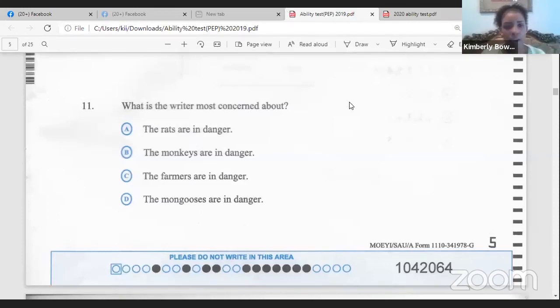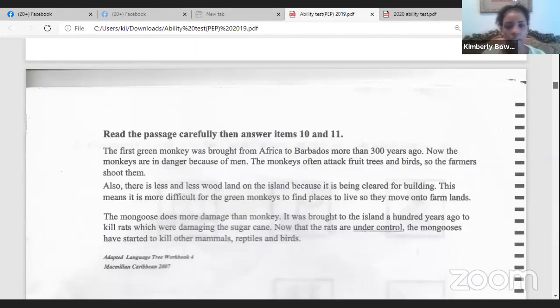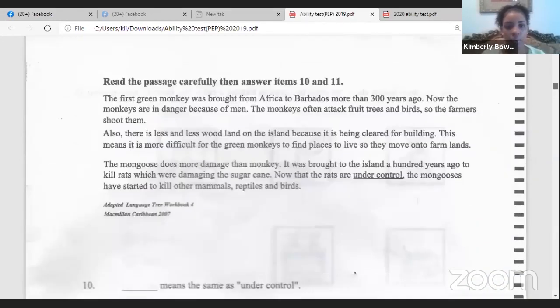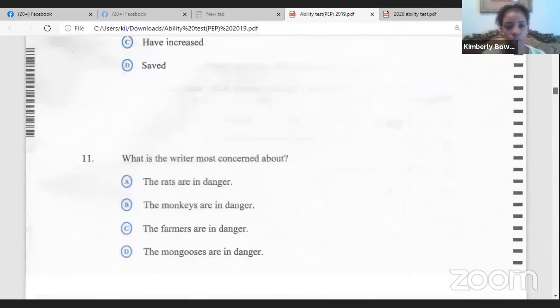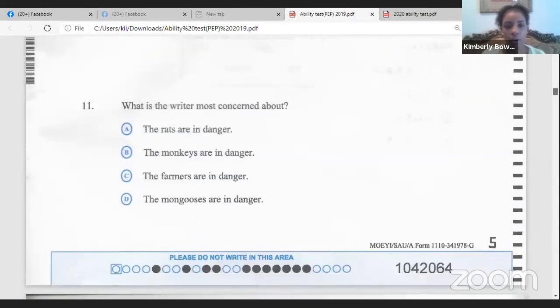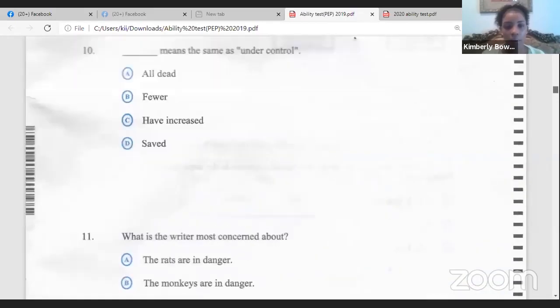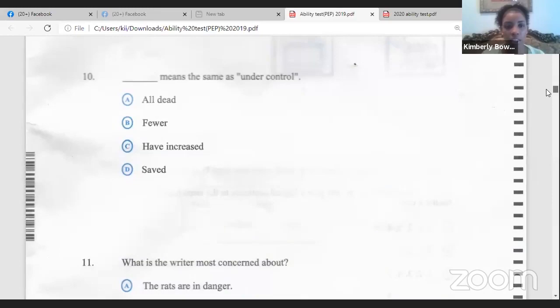What is the writer most concerned with? That's another question. That question speaks about the main idea, because the main idea is what the author is mostly concerned with. Other questions that can also ask about the main idea could be, what is another title?